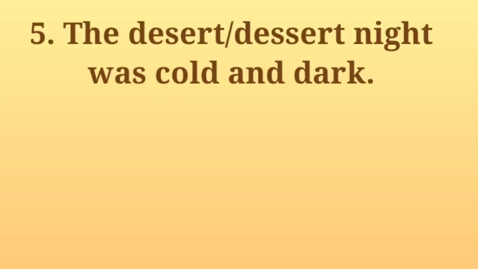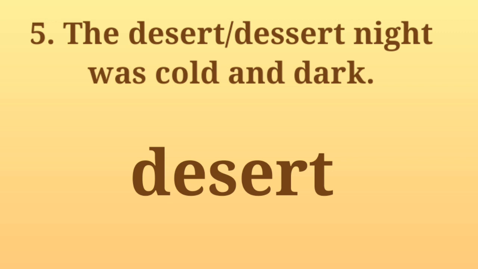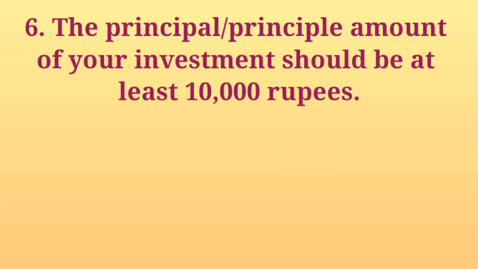Our next sentence is, the desert night was cold and dark. So here, which one will come? The word desert, D-E-S-E-R-T, as it means the sandy area. Our next sentence is, the principal amount of your investment should be at least 10,000 rupees.